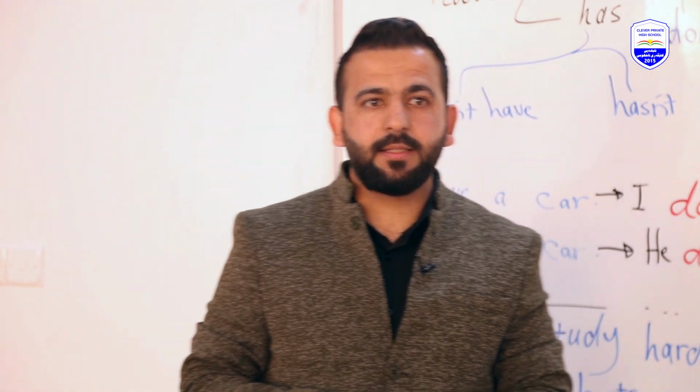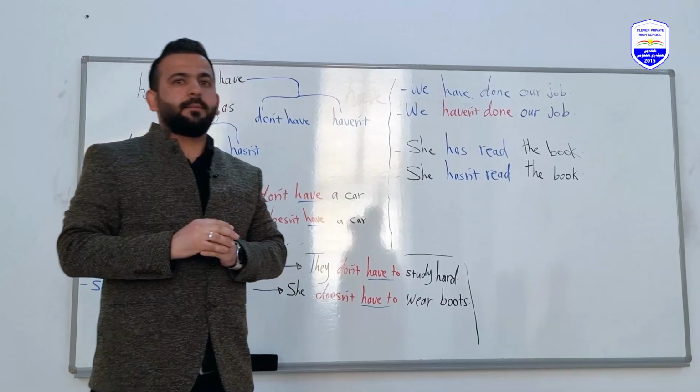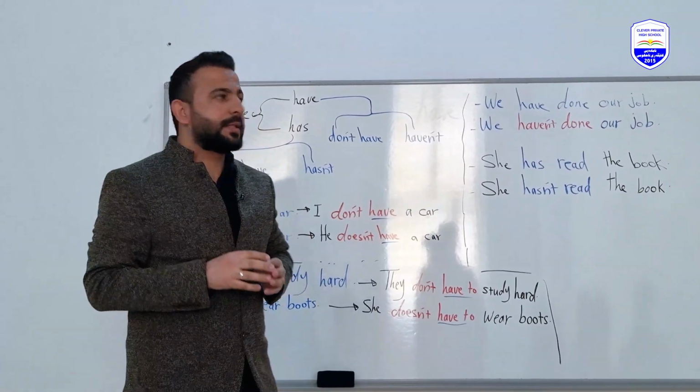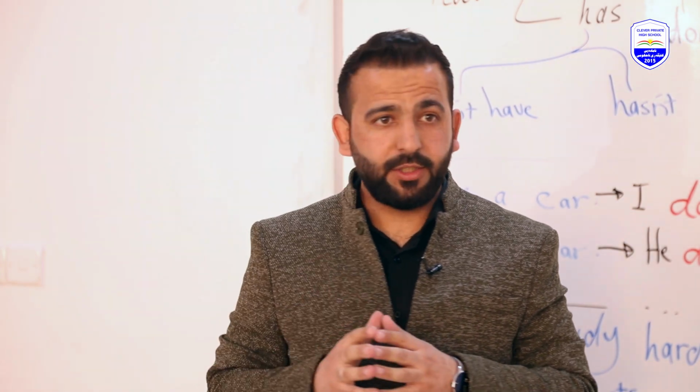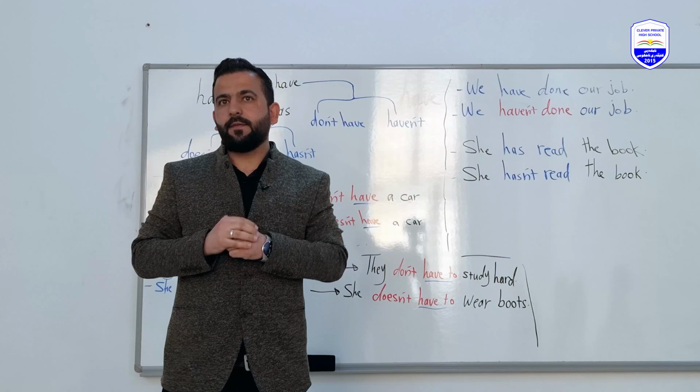In today's class, we're going to talk about a very important lesson, which is knowing how to use have in a negative form. As students, we have problems using haven't or don't have, hasn't or doesn't have.